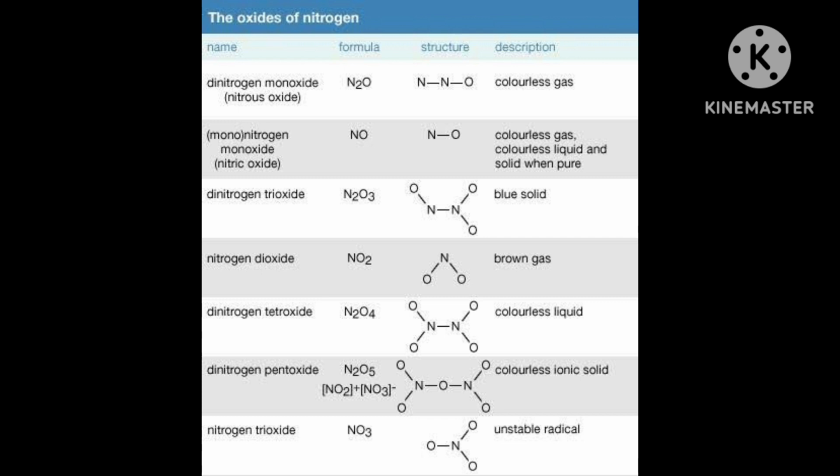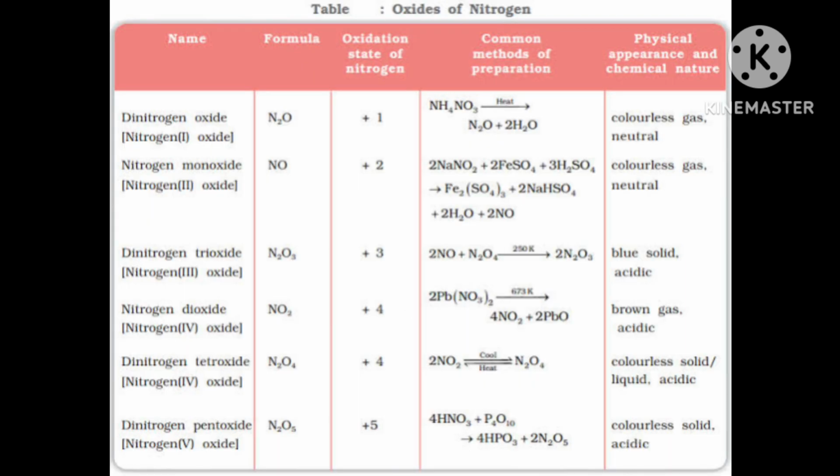Hence it will dimerize, because in making a bond 2 electrons are required. That's why it dimerizes. Hence 2 molecules of NO2 give N2O4. Oxidation state is the same, +4.